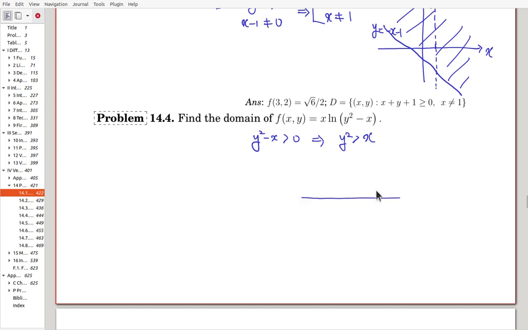Pictorially, you can make this. Y squared equals x has this graph, of this type, and y squared is larger than x in this direction, right? Okay.